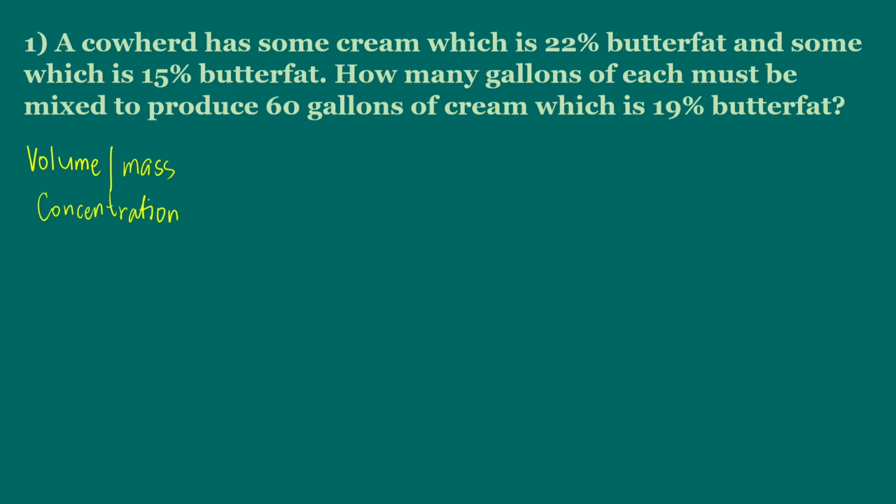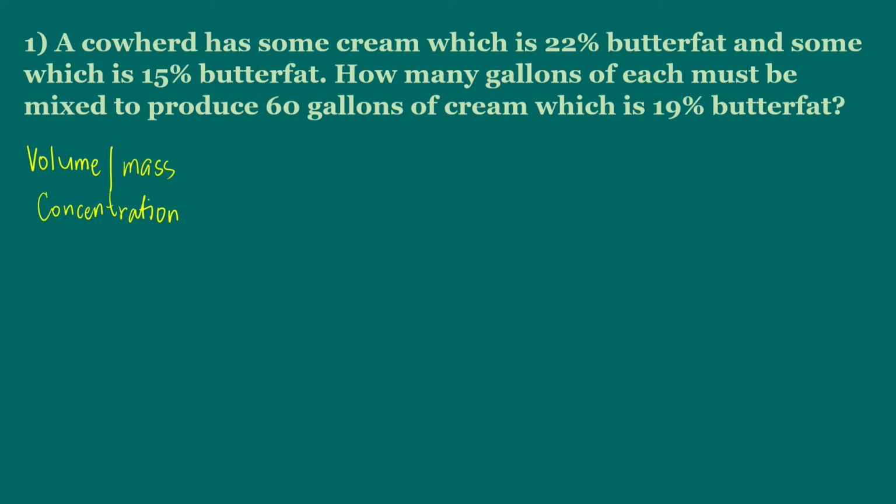What is the concentration of each part of the mixture, let's say each ingredient or liquid? It could possibly be two or more liquids being mixed together, so we need to know the concentration of each particular liquid involved.